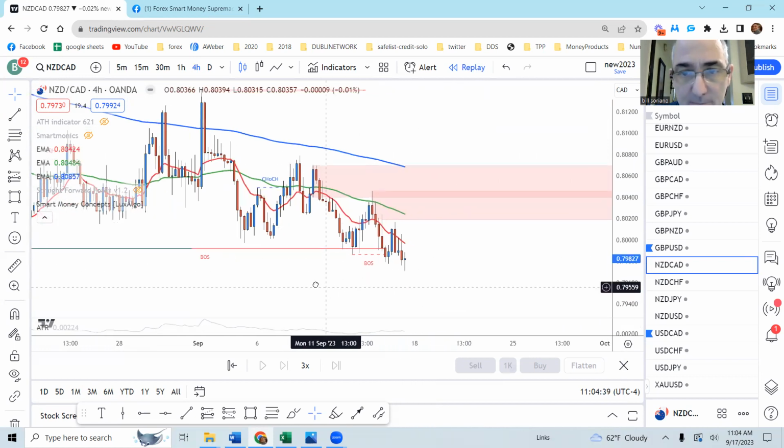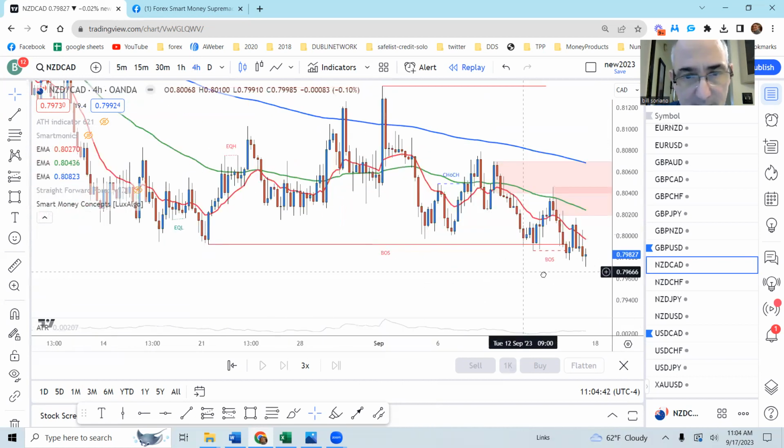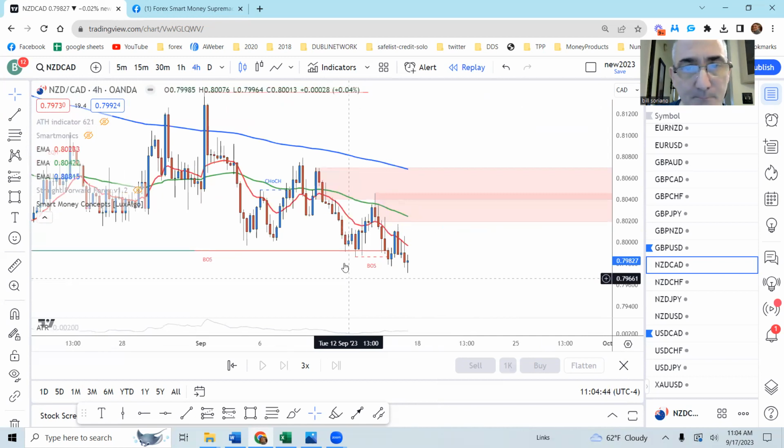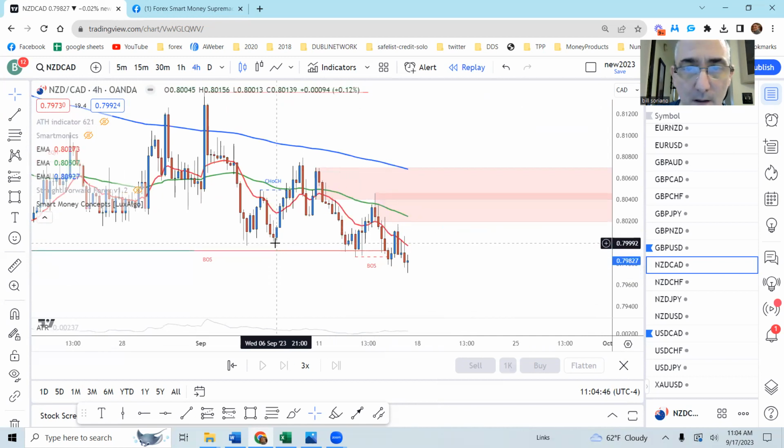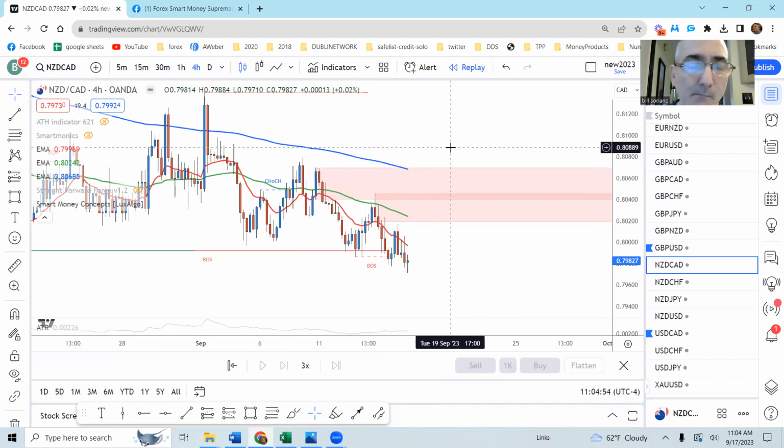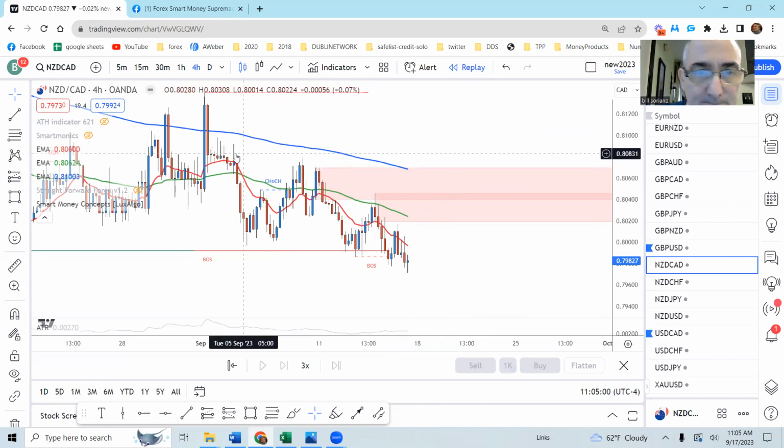Don't like either of them. We did get a break of structure to the downside. So actually, to me, this is the better candle because you have the engulfing candle after it. You don't have any imbalance. Just no imbalance.